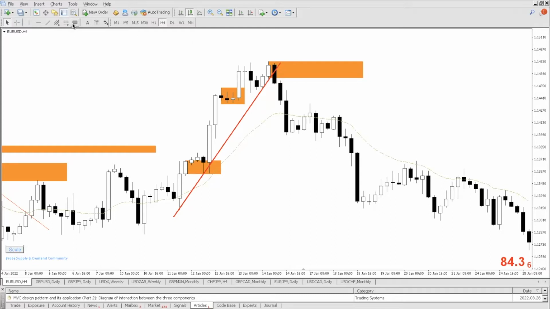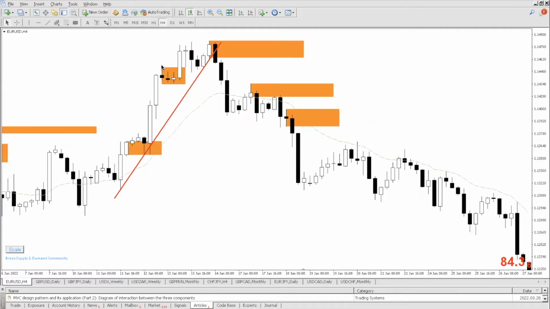And then after that, this pair started falling down, right? So these here are supply areas. So, a nice supply here, price went and tested it. Another one here, this area also is a supply, okay? We can go further. This area here, all of these are supply areas, okay?